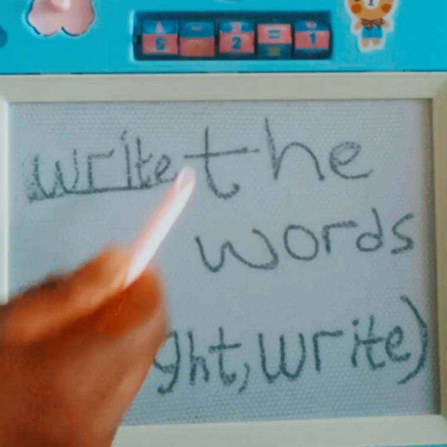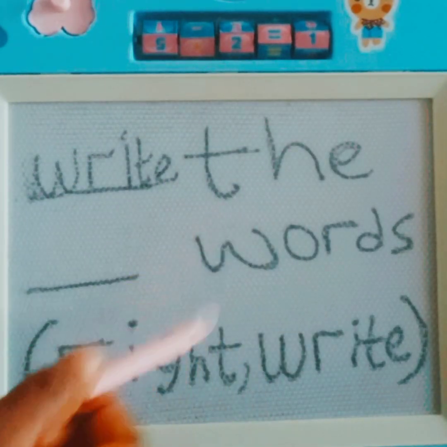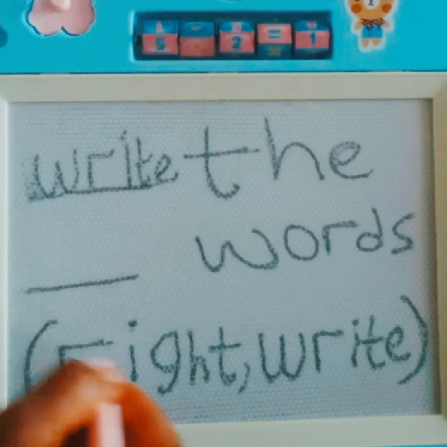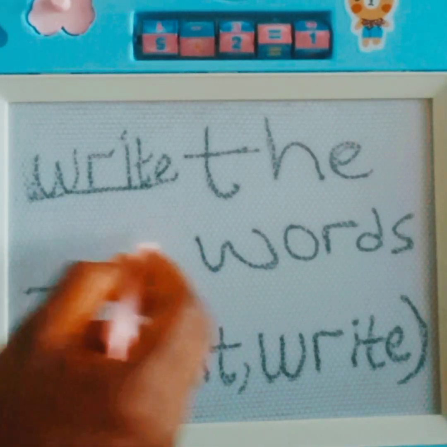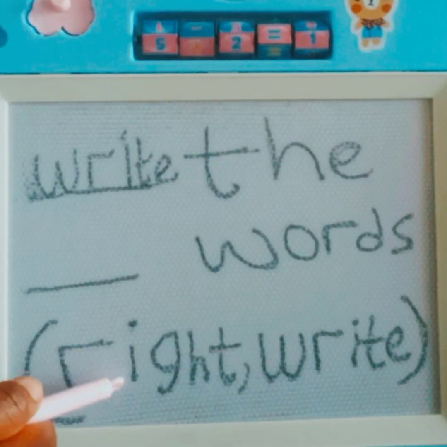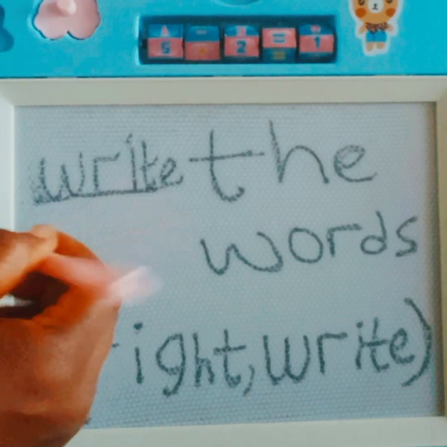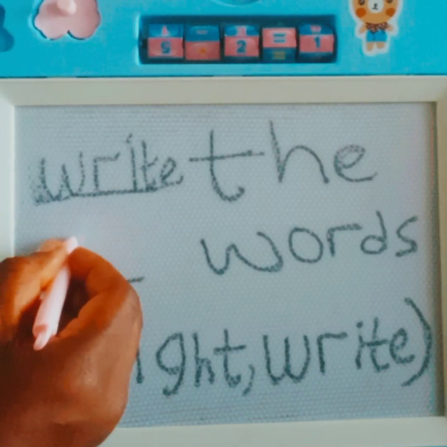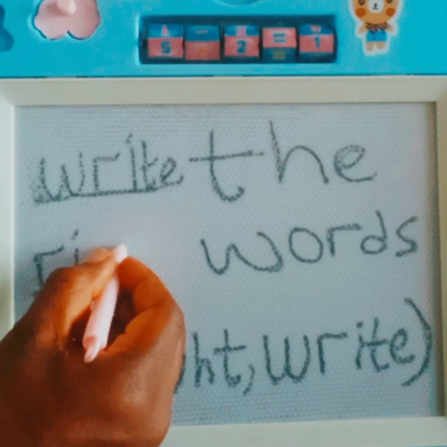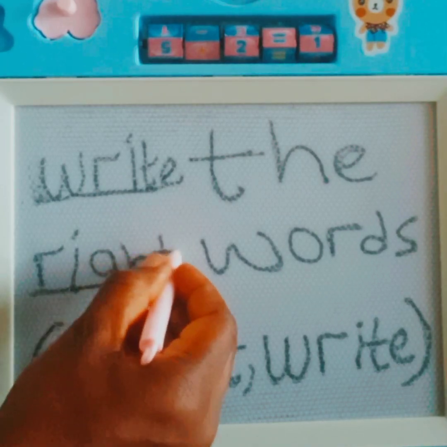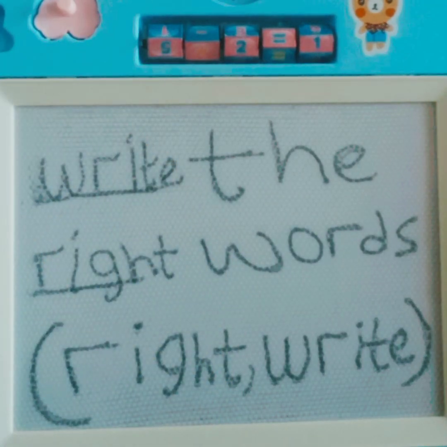Write the right words. This has to do with something being correct, and they want you to write the correct words. This should be here. R-I-G-H-T, right.